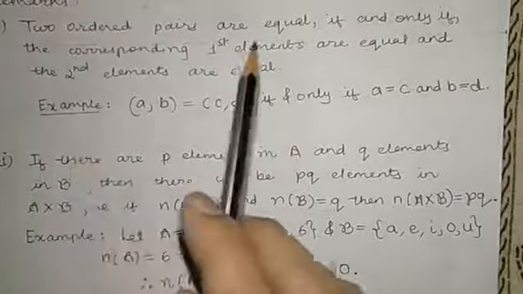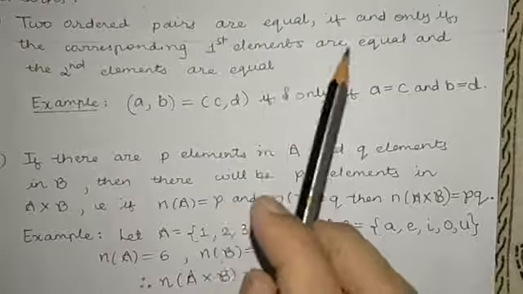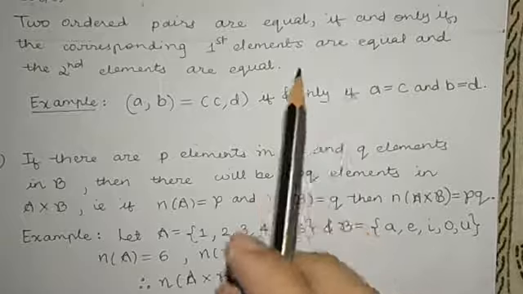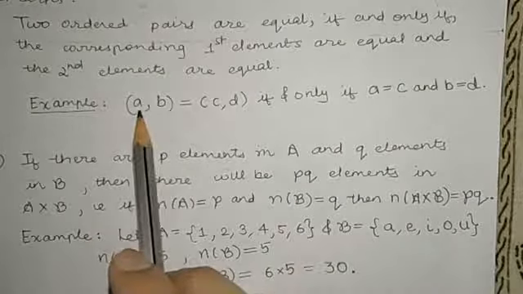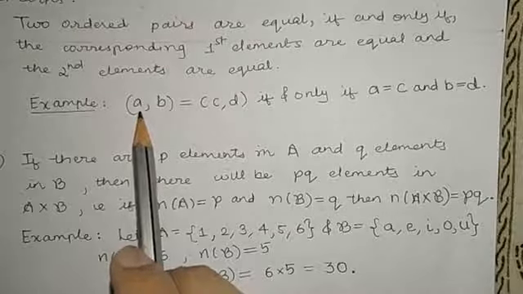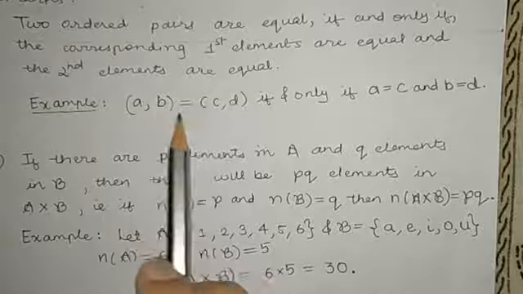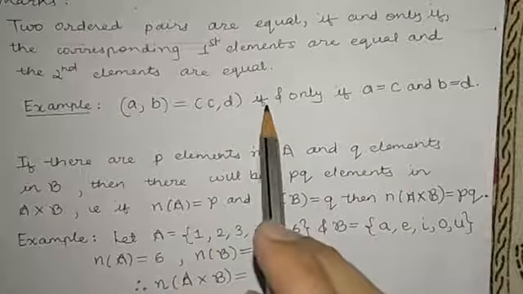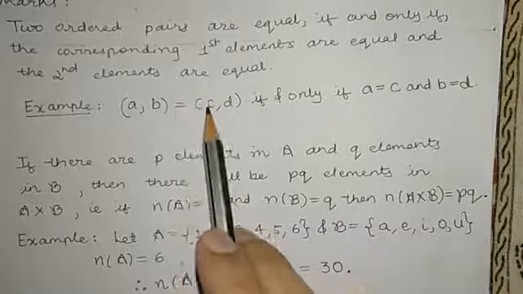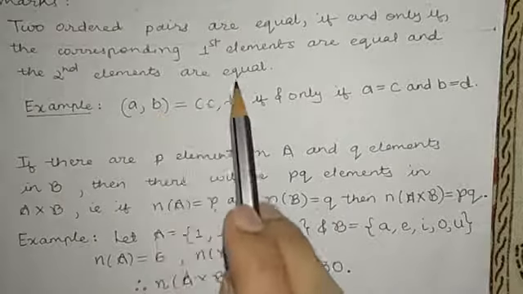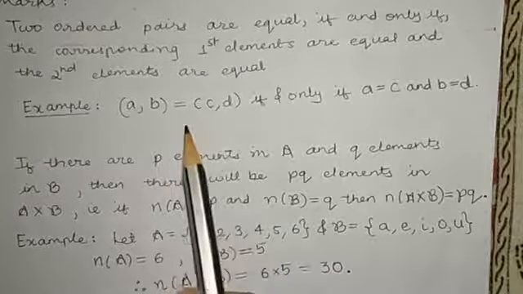So when will 2 ordered pairs be equal? When the corresponding first elements are equal and the second elements are equal. For example, if you say an ordered pair (A, B) is equal to the ordered pair (C, D), when will it happen? If and only if A is equal to C and B is equal to D. So the corresponding elements are equal.